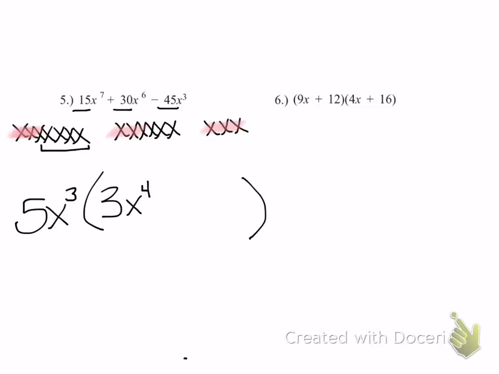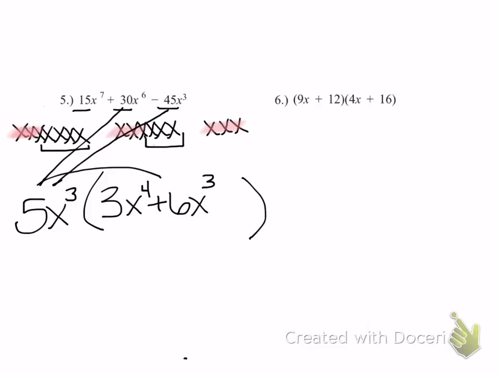Then I have 30 divided by 5. That gives me 6 that I'm going to put here. So plus 6, and I see that I have 3 x's left. So that's x to the 3rd. And then lastly, I do negative 45 divided by 5.